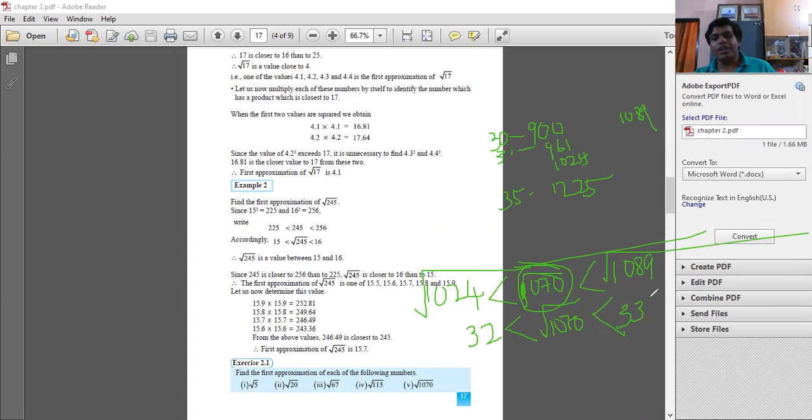So whatever this value, it should fall under these square roots. The square root of 1070 will fall between 32 and 33. So that means there will be a decimal place.